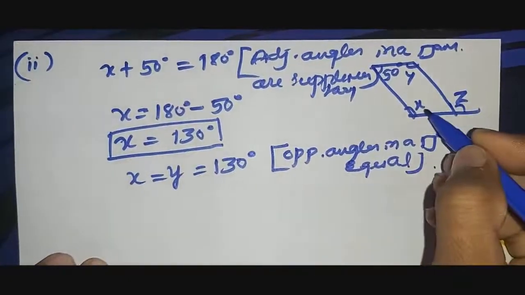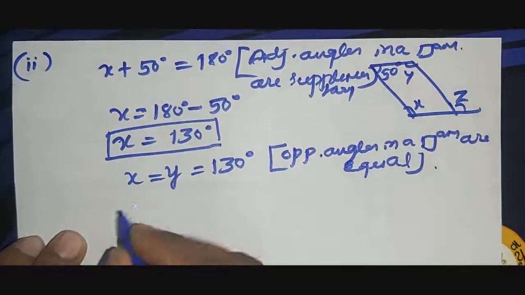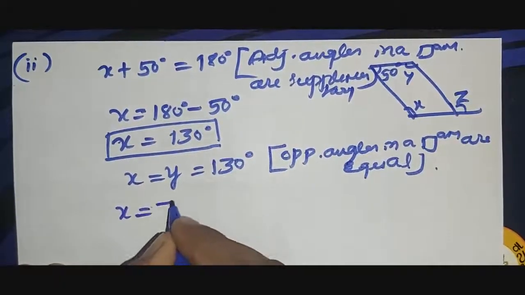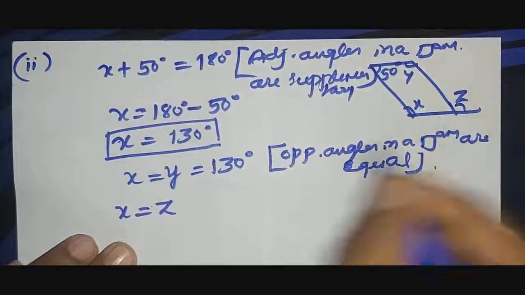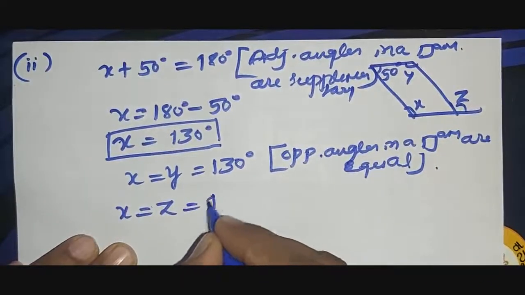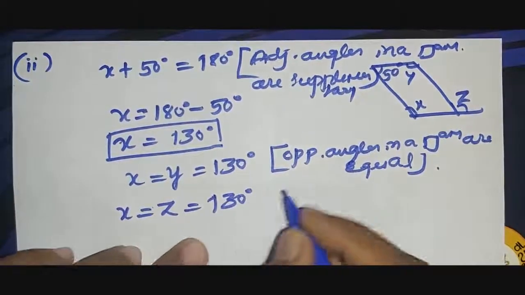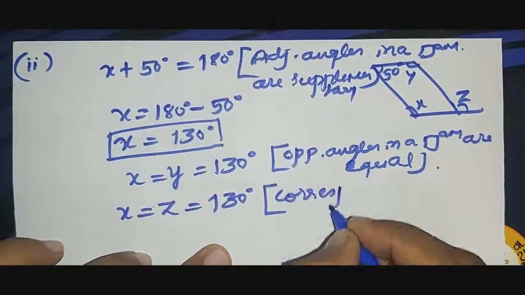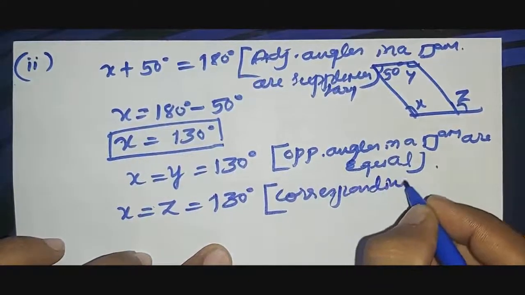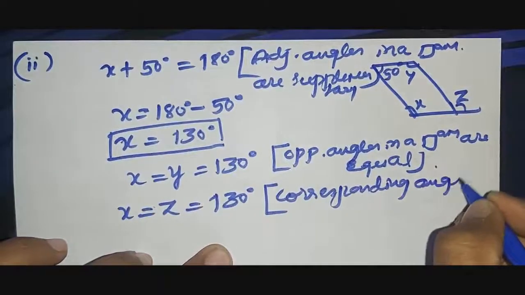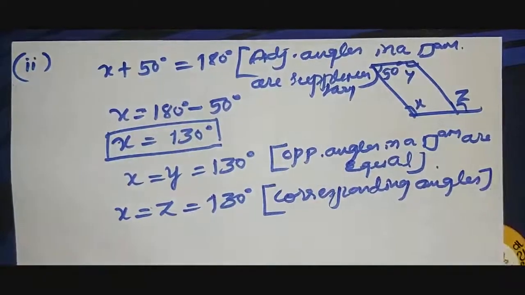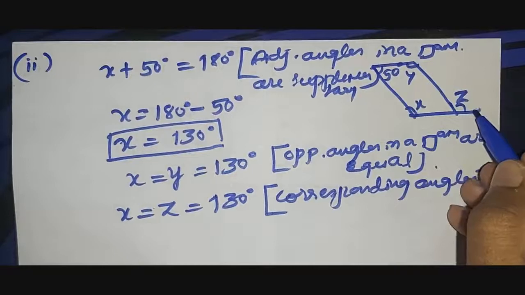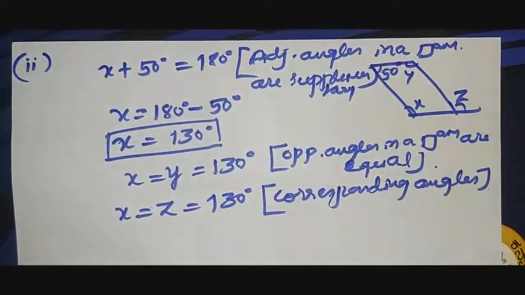Next, x is equal to z, which is also 130 degrees because of corresponding angles. What type of angle? Corresponding angles are equal. In the same way we got corresponding angles.